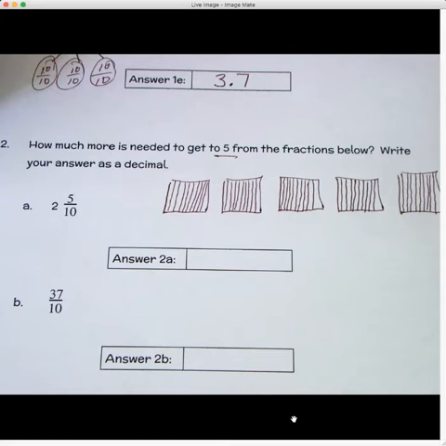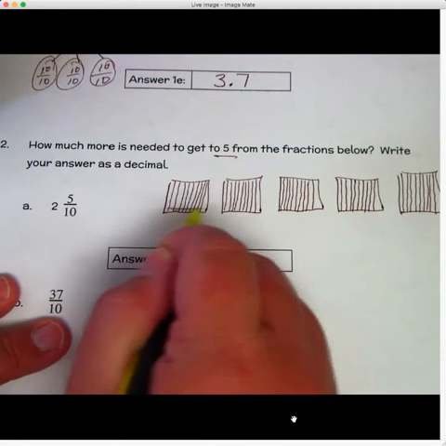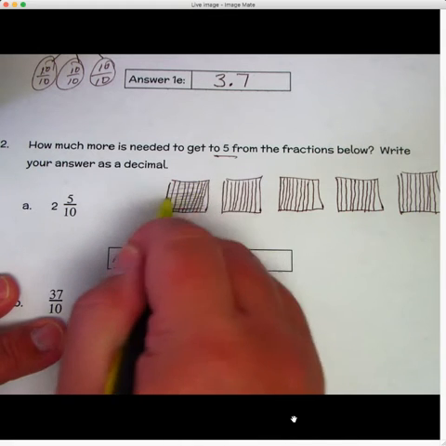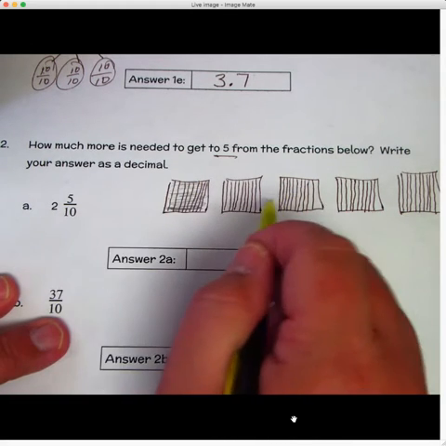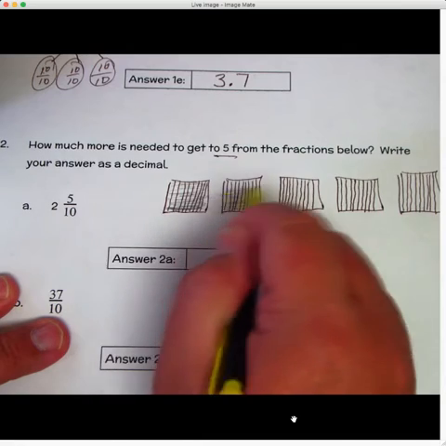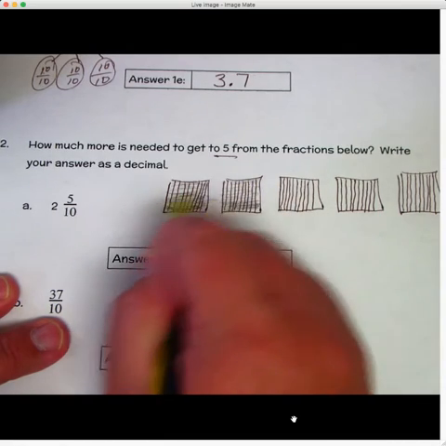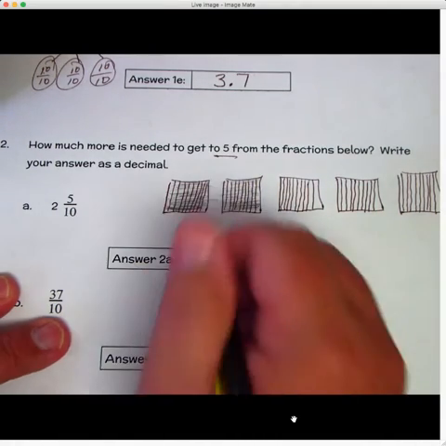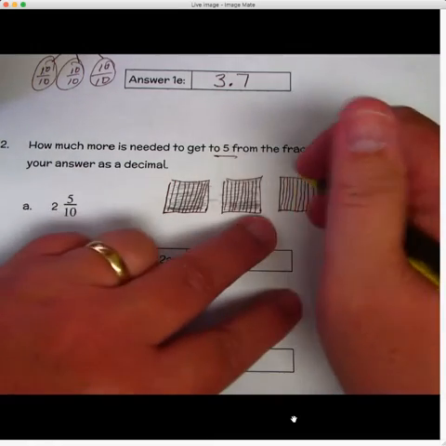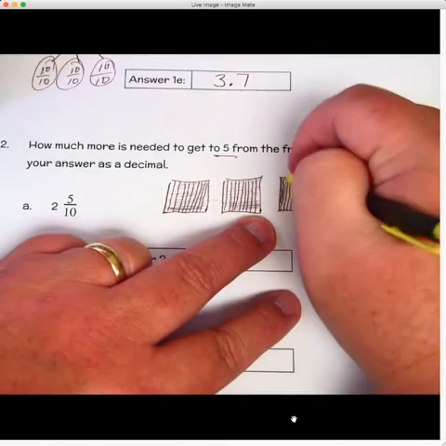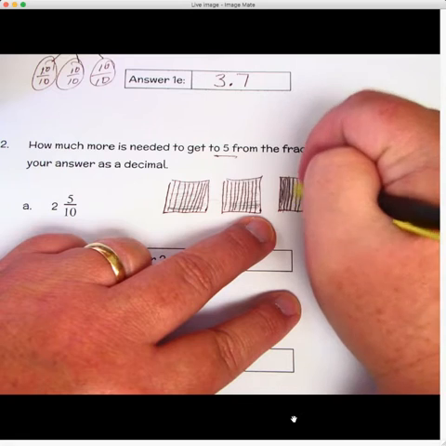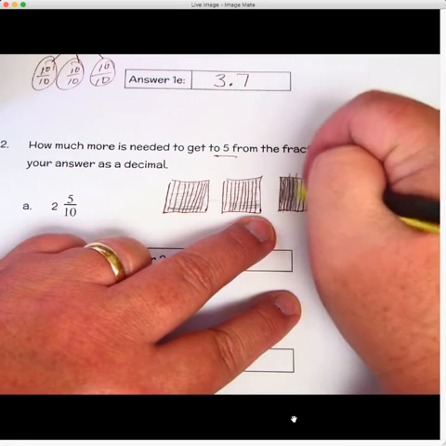Okay. And we've got 2 and 5 tenths. So 1 whole, this whole thing would be shaded in. There's 1 whole. 2 wholes. Shade that in. And now I've got 5 tenths of another one. 1, 2, 3, 4, 5.